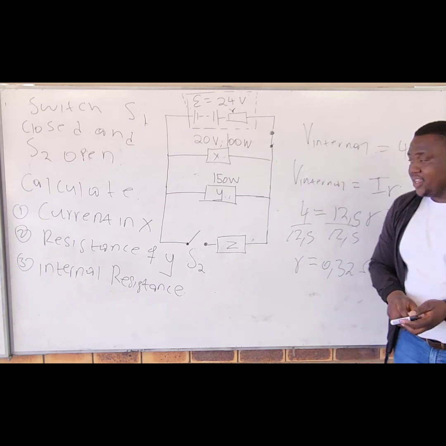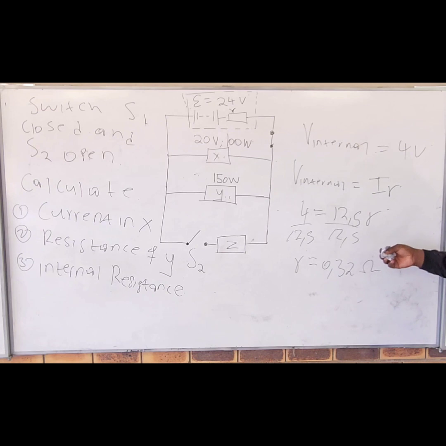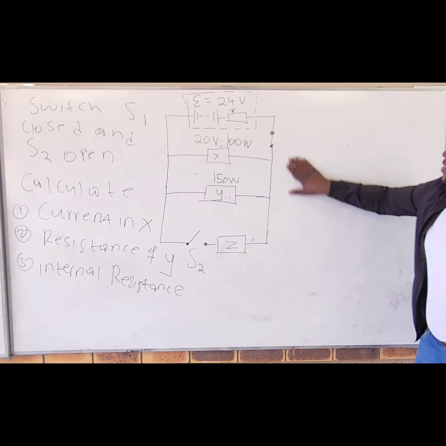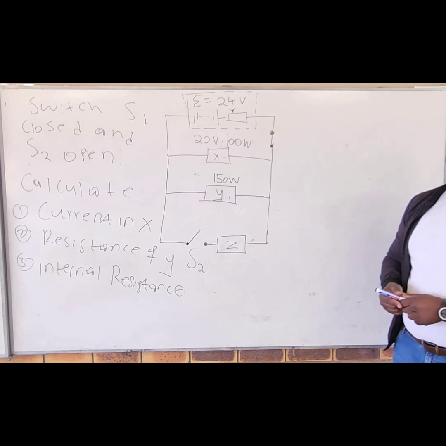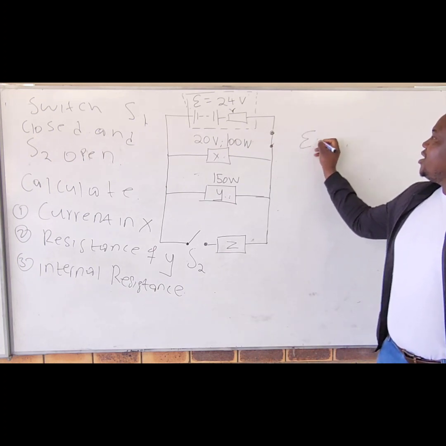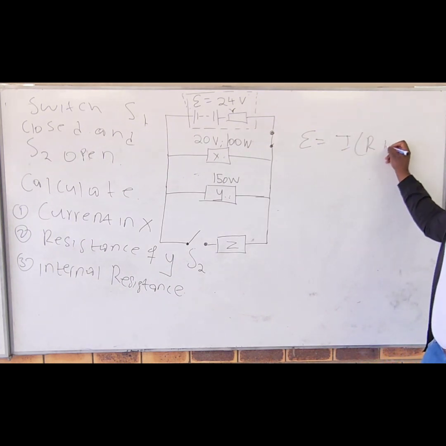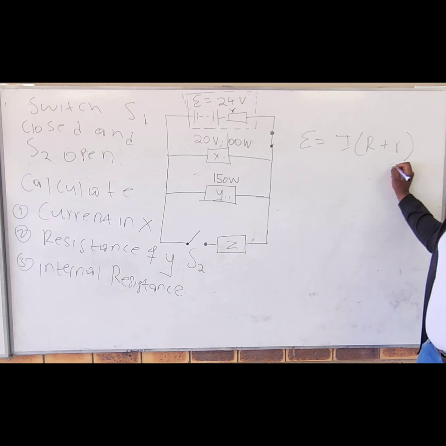Understand? Okay. So let's just exhaust it using your methods. We use your own methods. What did you do? You said E is equal to V is equal to I, then R plus R, right? Yes.